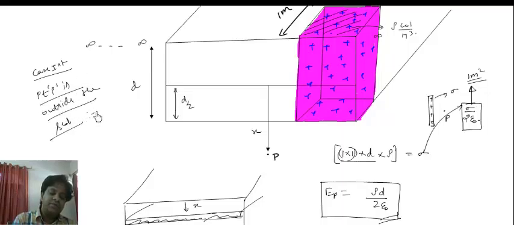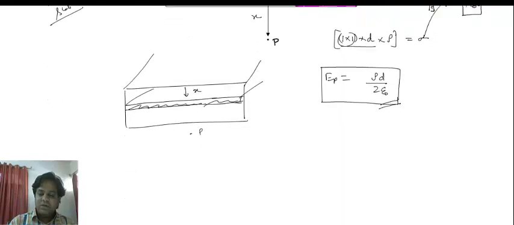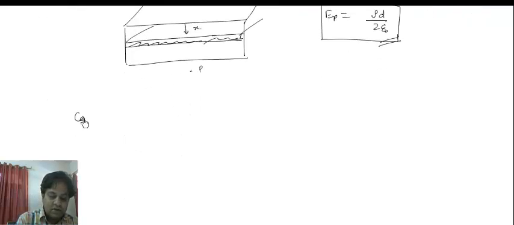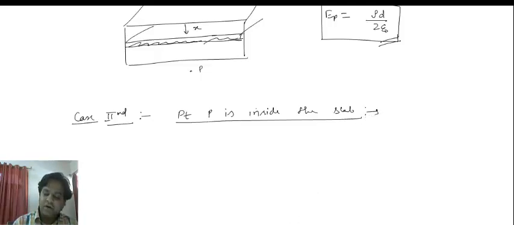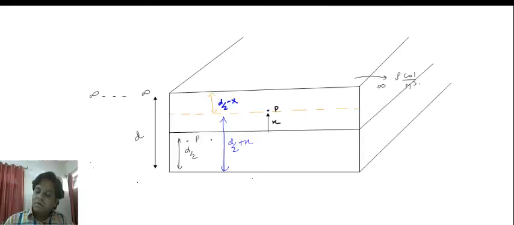The other case, case second, could be that point P is inside the slab. So if point P is inside the slab, I'll take the slab and mark the point P inside it, as you can see here in this figure.